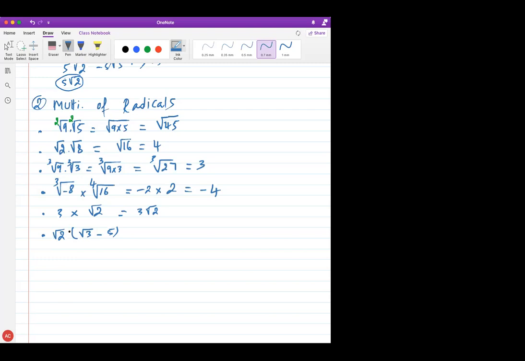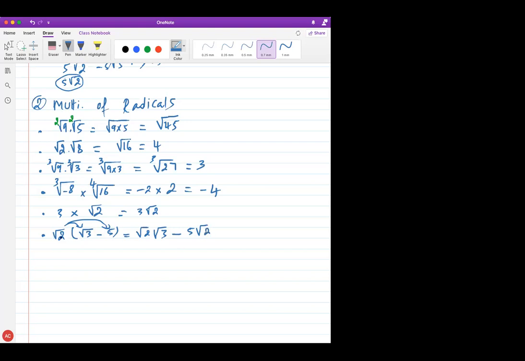So radical 2 times radical 3, what would that be? Radical 6. And then radical 2 times 5. No, we don't multiply 2 and 5 because 5 doesn't have a radical. It would just be 5 square root of 2.